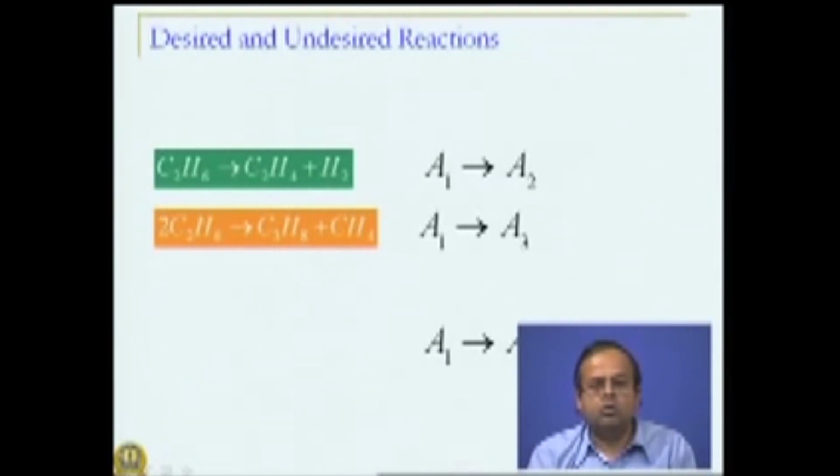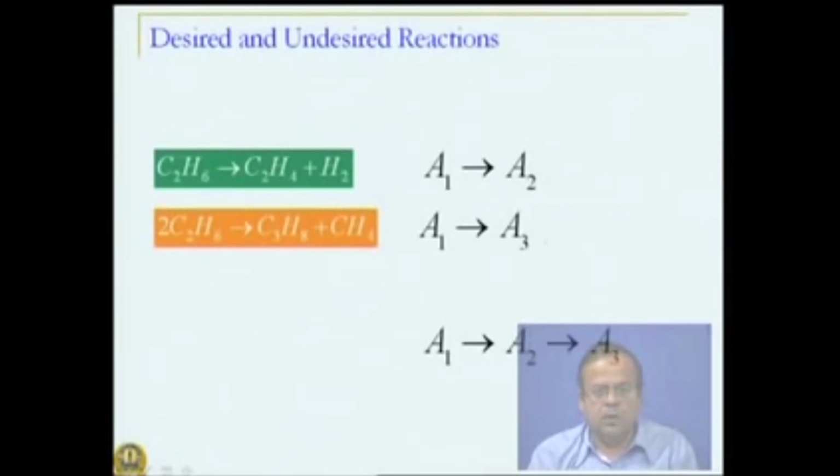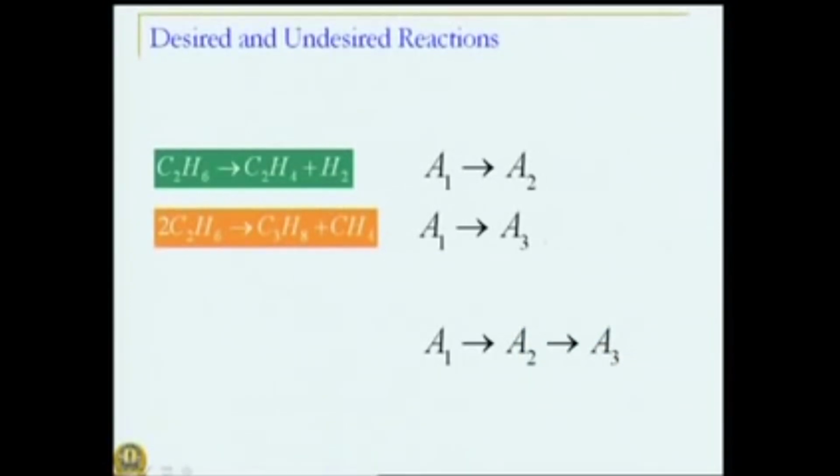When it comes to these complex reactions, it is clear that not all products are desired. For example, in this example of ethane going to ethylene, this is my desired reaction, I want this, but I do not want 2 molecules of ethane giving rise to propane. So, this is my undesired reaction. So, if you have parallel reactions, maybe one of them is desired, and the others are all undesired.